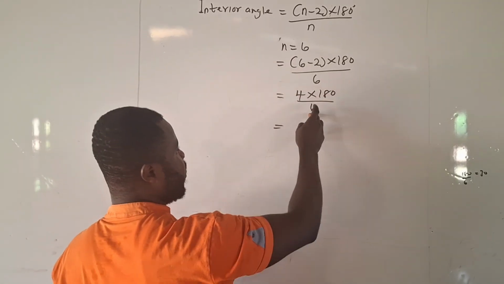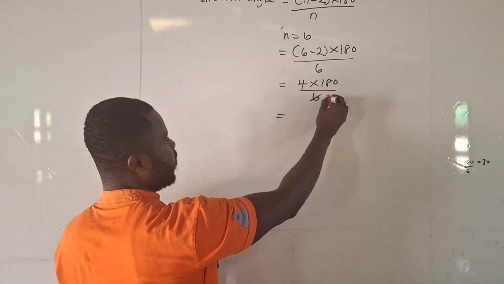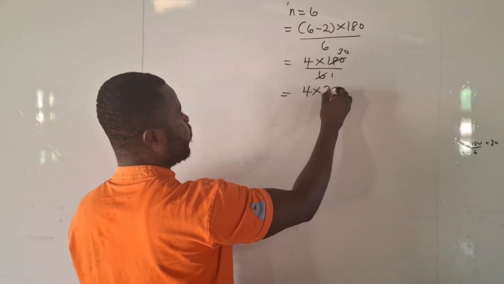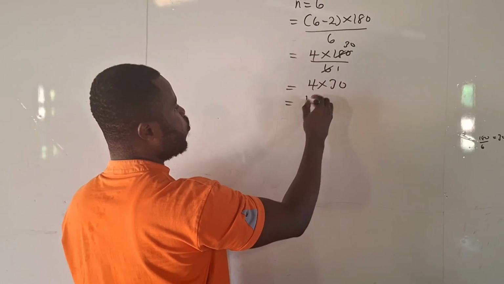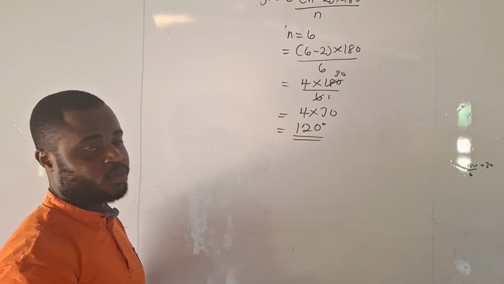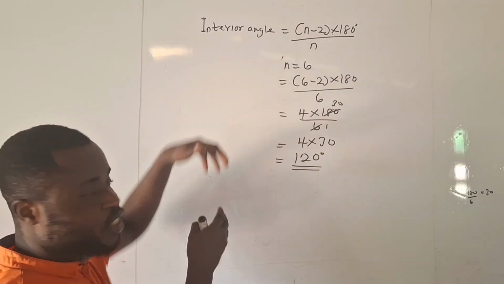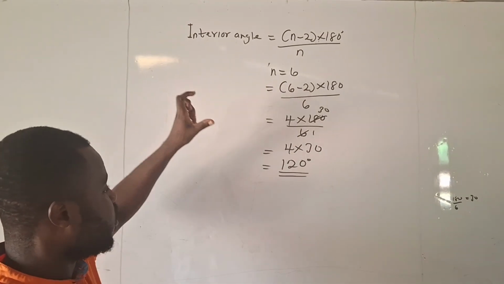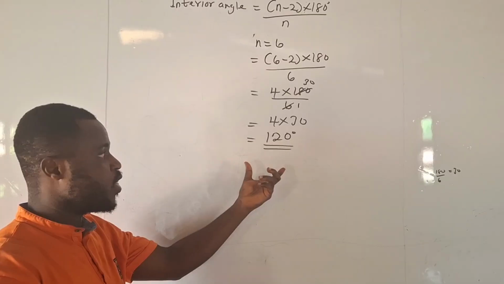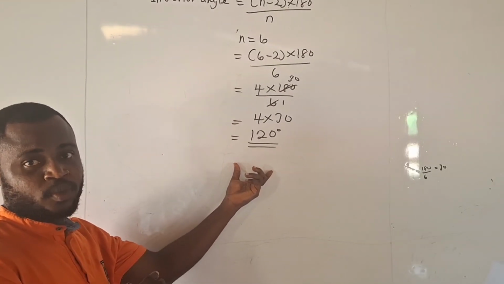So we multiply and divide: 6 divides itself 1, and divides 180 thirty times. So we have 4 times 30, which gives us 120 degrees. So each interior angle of this regular polygon with 6 sides is 120 degrees.